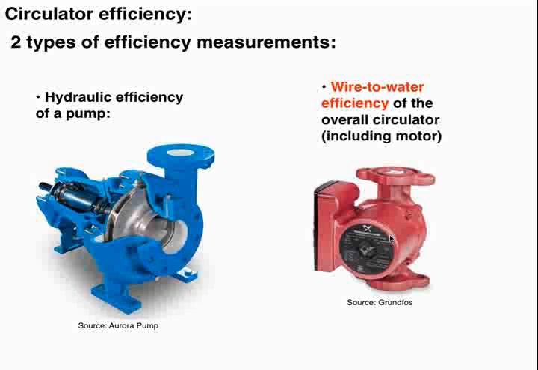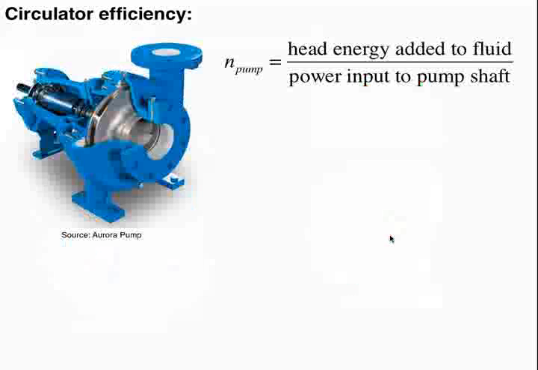So we'll start off with the pump efficiency, with this larger one. Pump efficiency is basically this ratio, desired output divided by necessary input. The desired output is head energy added to the fluid, and the necessary input is the mechanical power that we supply to the pump shaft, using what's called a prime mover. It could be an electric motor.